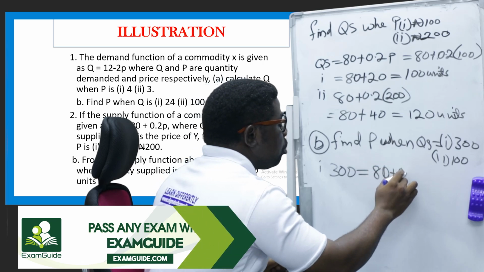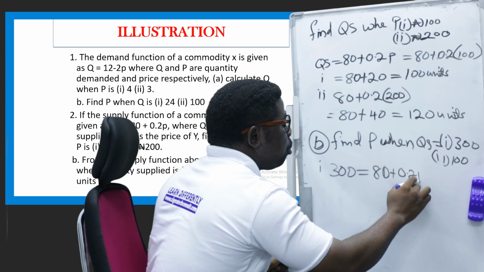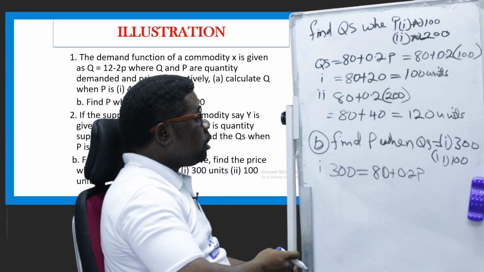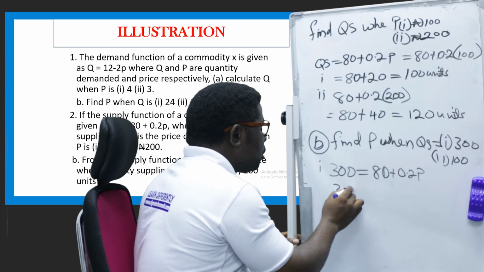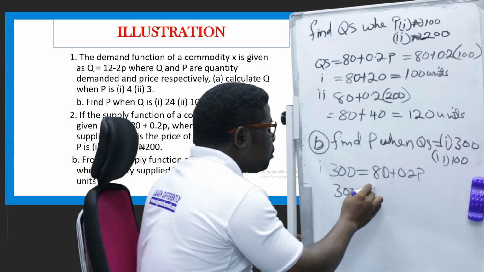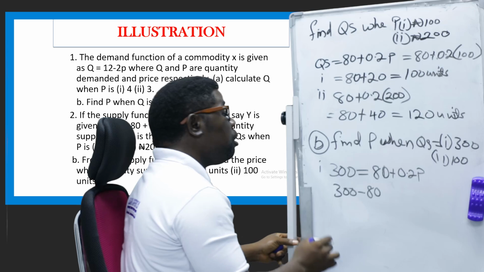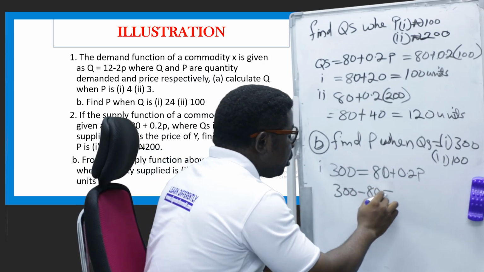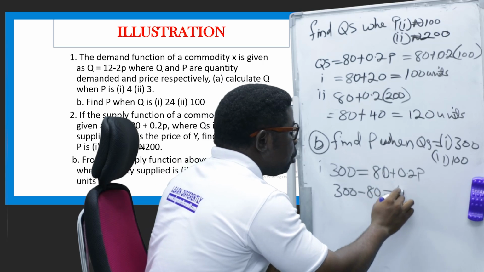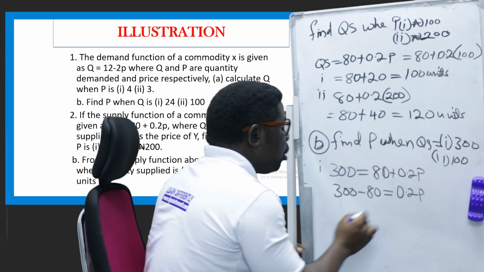300 is equals to 80 plus 0.2P. All right? So what do we do? It's 300 minus 80, because we want to make P subject of the formula. Then we have 0.2P. What do you have?